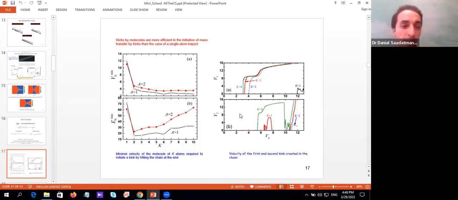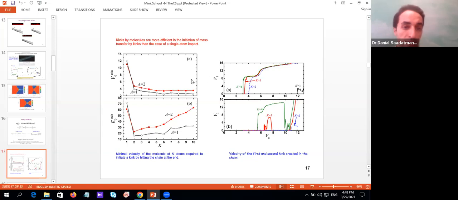In fact, the minimum initial velocity needed to create the kink inside this chain for one atom is very high compared to 2 or 3 atoms.